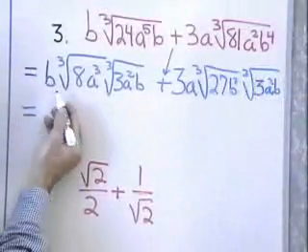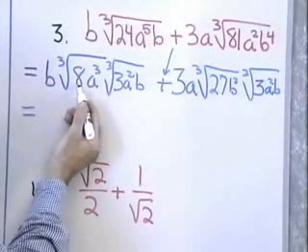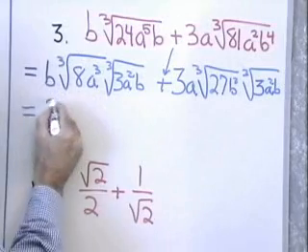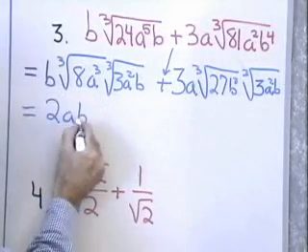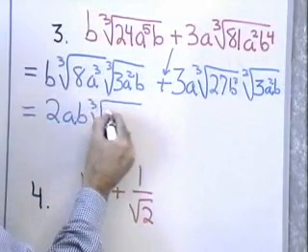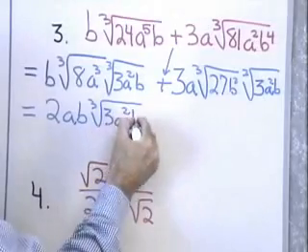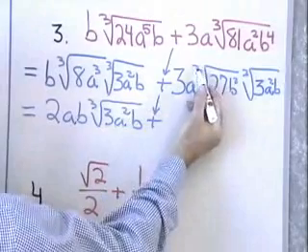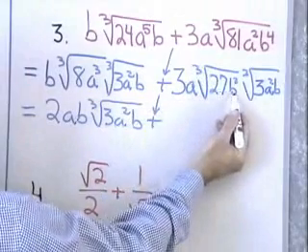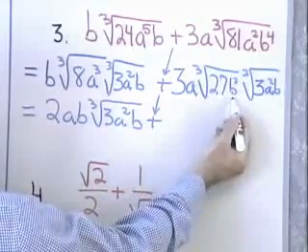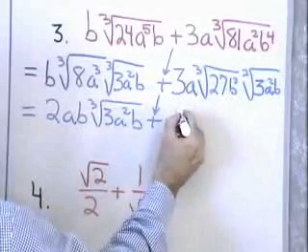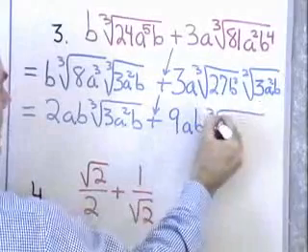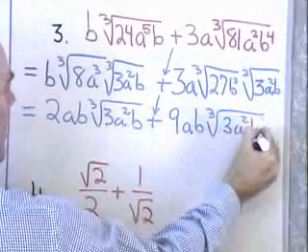Okay, so here I'm going to have b cube root 8a cubed. When I take the cube root of this, I'll have 2a times b, which is 2ab cube root 3a squared b. Plus, that's that addition sign right there, cube root of 27b cubed will be 3b times 3a, which is 9ab cube root 3a squared b.